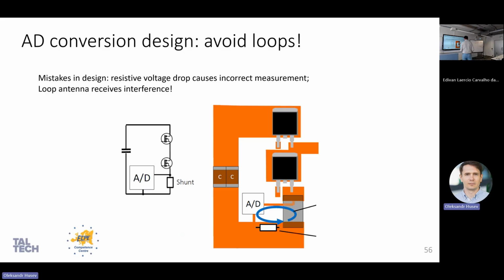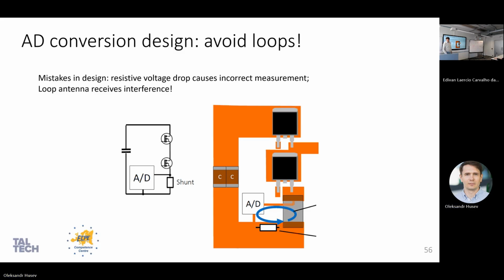Because if you have a relatively big loop here, of course you have inductance, right? But also this is an antenna for an external electromagnetic field, right? Which means that you will actually measure high frequency noise of your transistors instead of measuring the current of the transistor. Clear?